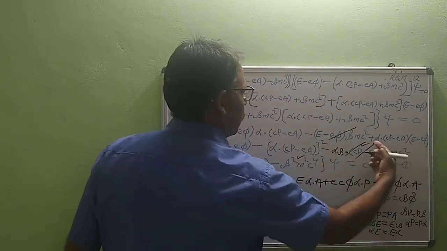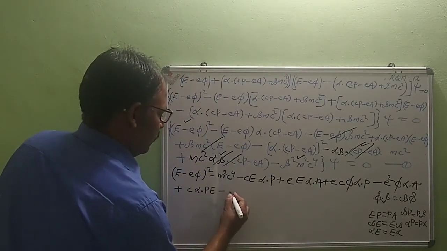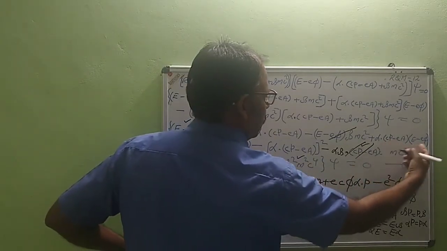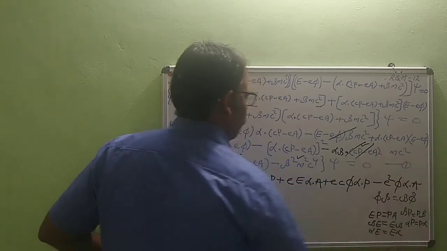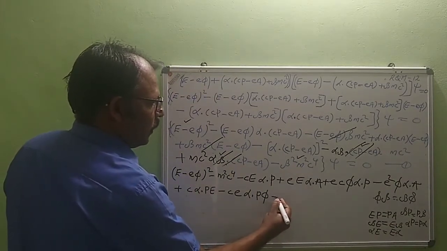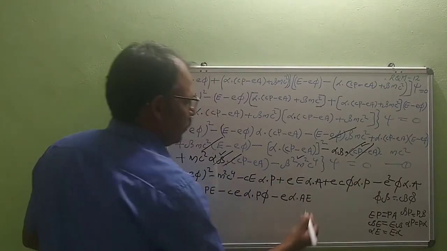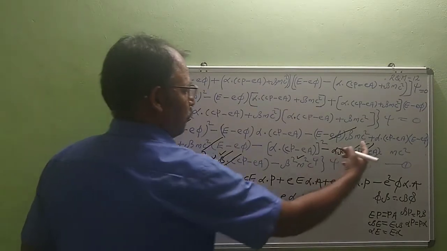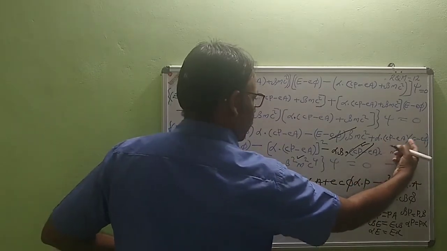Now minus CE alpha dot P into φ, minus EC alpha dot P into φ. Taking these two times alpha dot, minus E alpha dot A into E. Now alpha dot P φ minus alpha dot AE.